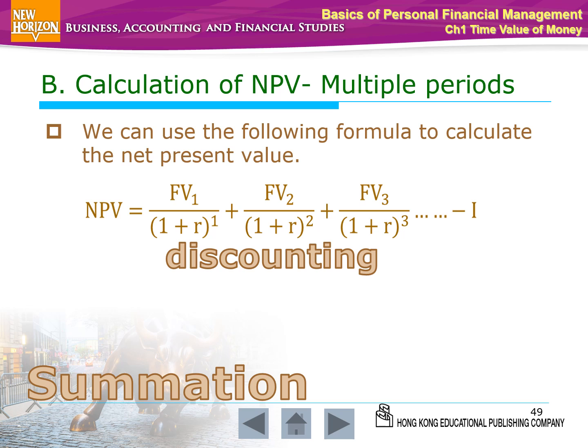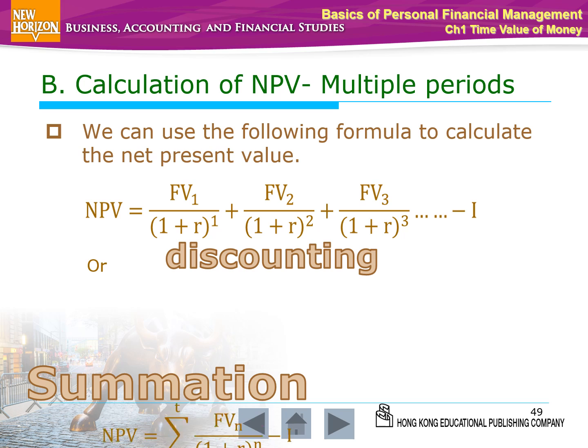NPV is equal to future value year 1 over 1 plus r to the power 1, year 1. Next year 2. Next year 3. That means if the cash flows can be generated for many years, we use a series to represent the present value of the discounted future values.